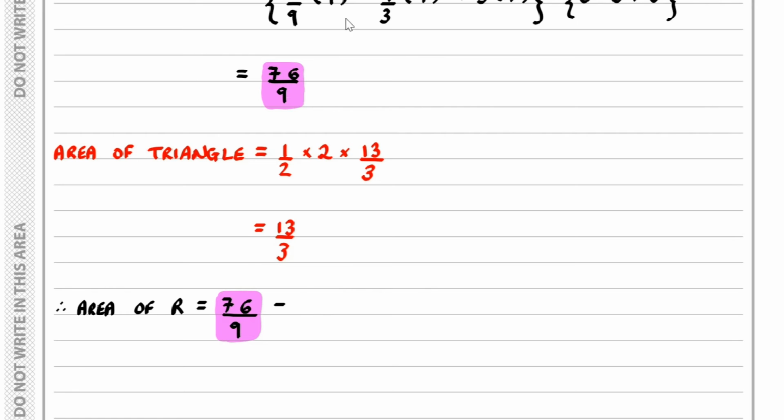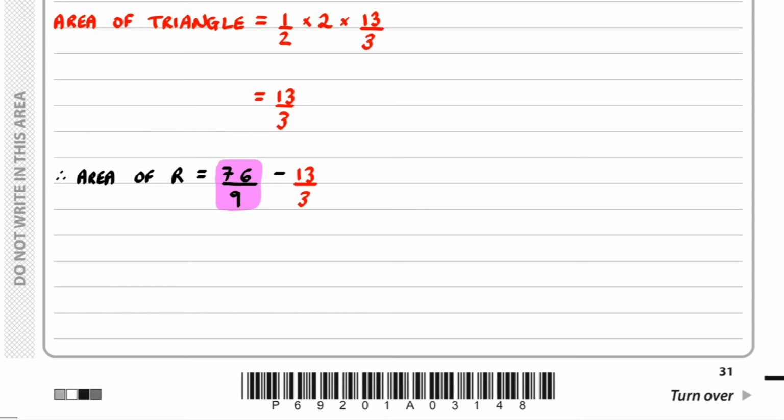Subtract 13/3, and if we work this out, the area of R then is equal to 37/9 units squared.